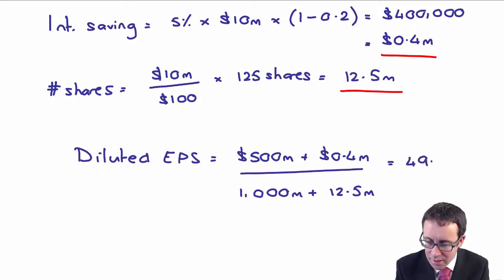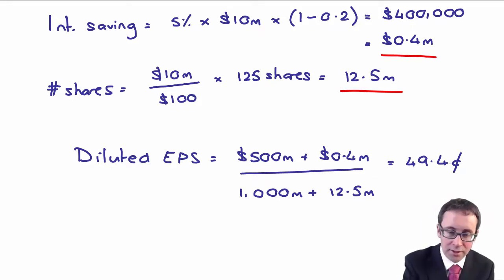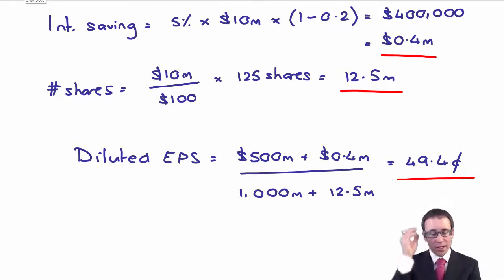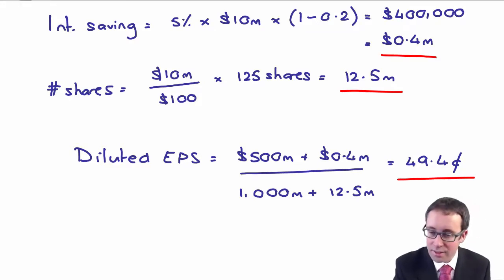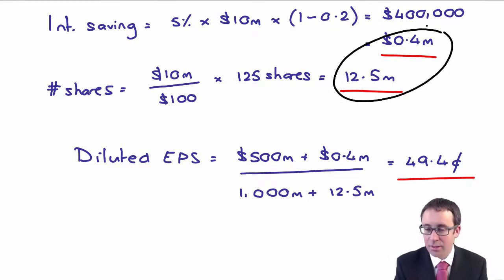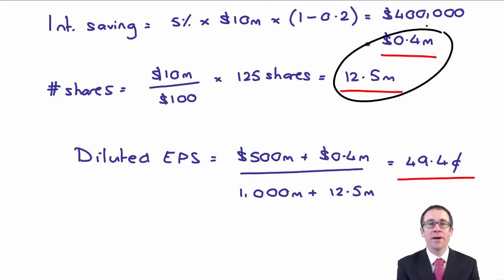You should get 49.4 cents per share, which is less than the original 50 cents, so therefore it is diluted. You can always work out whether or not it is dilutive by doing 0.4 divided by 12.5, and if that is less than 0.5, then it will always be diluted. The reason it's less than 0.5 is because that was your original basic EPS. Excellent. So that's looking at the debentures.